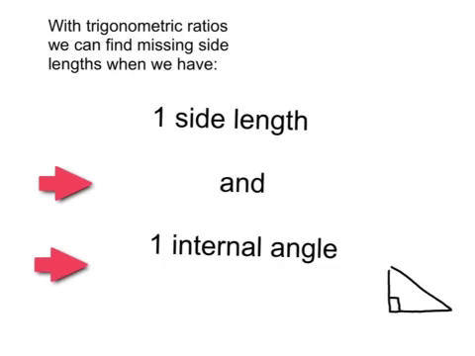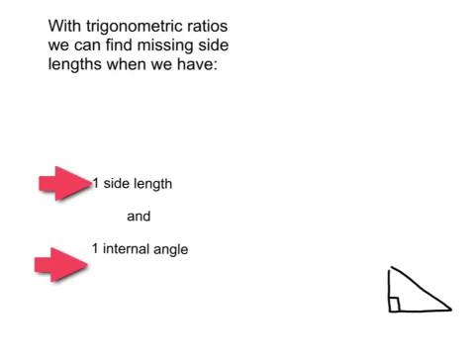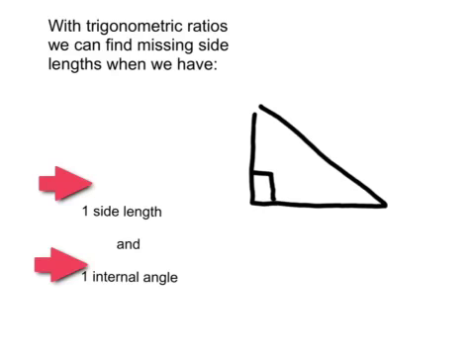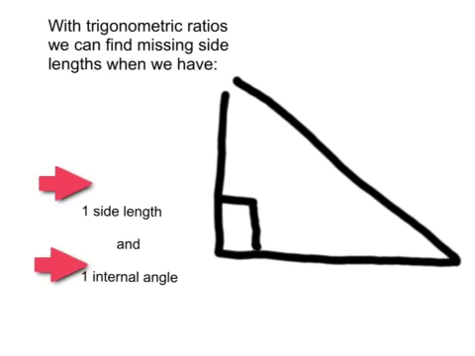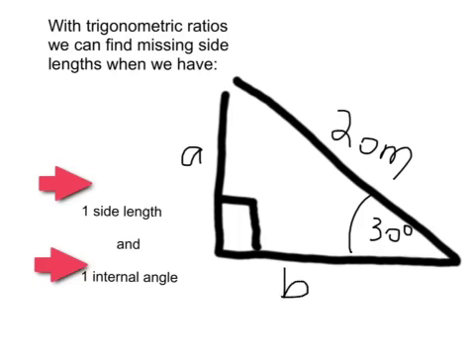For example, if I had this angle, let's call it 30 degrees, and say I had the hypotenuse, maybe it was 20 meters, I can work out either of these two sides quite easily. Remember, with Pythagoras, we can work out a missing side length when we're given two side lengths. But with trig, we can use internal angles to work out missing side lengths. So it's really handy.